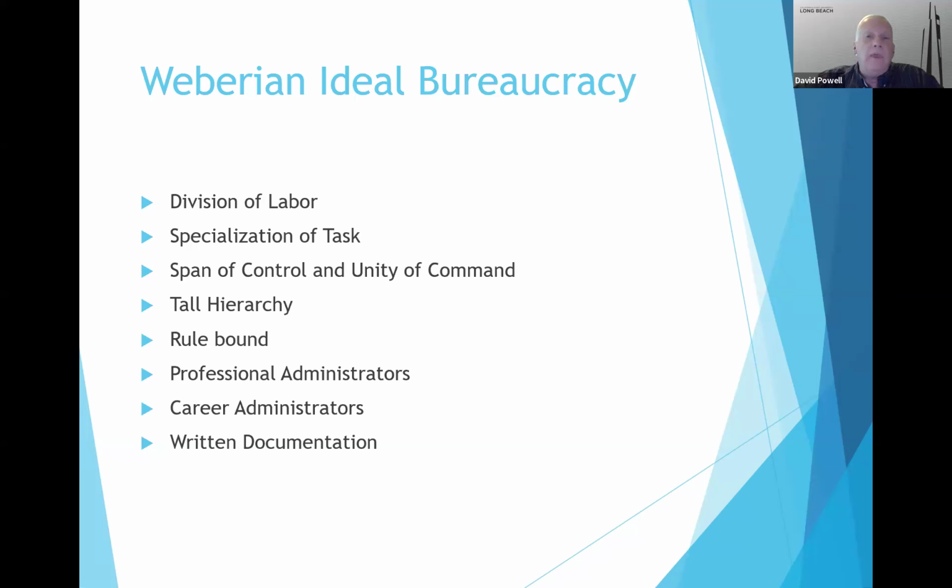Now, one of the major parts of Weberian ideal bureaucracy is the pursuit of a one-size-fits-all approach: that we can create this ideal bureaucratic structure, and we can then apply it to all of our organizations, therefore making all of our organizations effective and efficient.